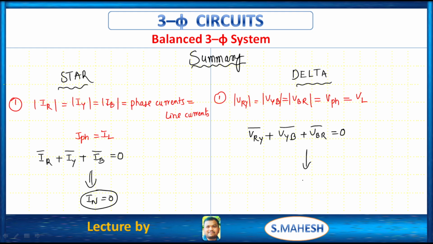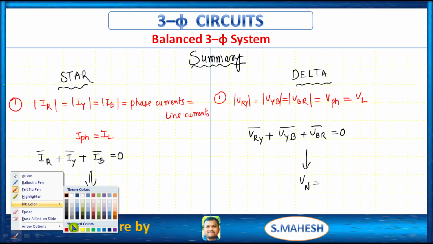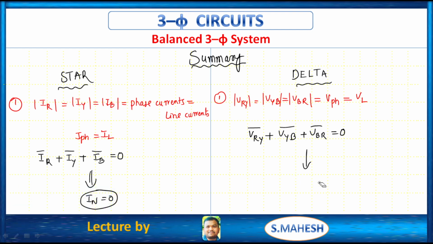That's why we don't have any neutral voltage in the case of delta, right? There is no neutral connection in delta. That's why Vn should be equal to 0. Okay.